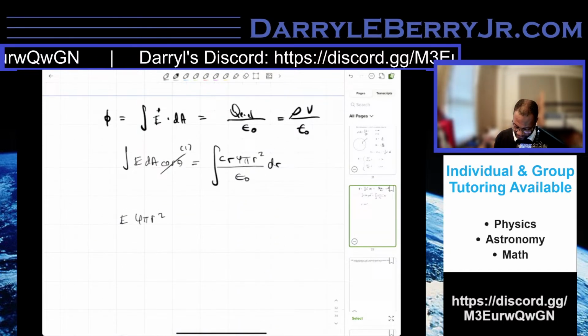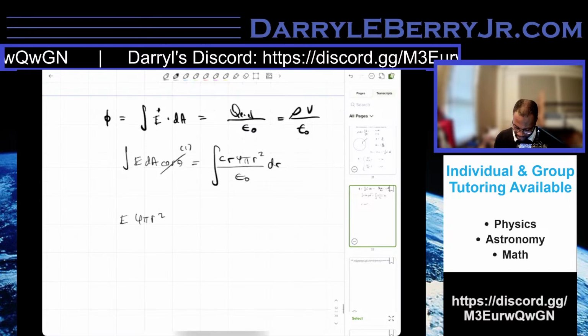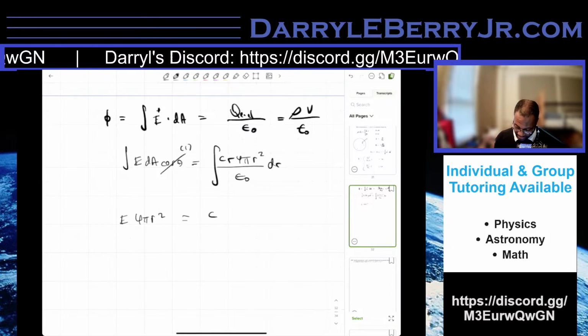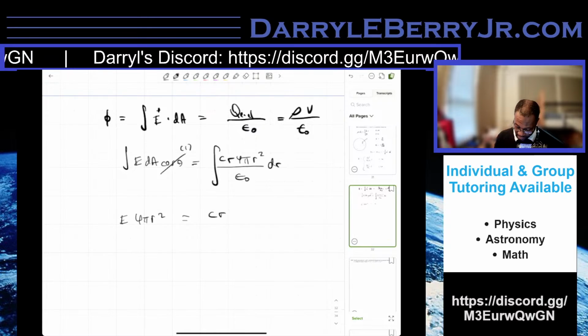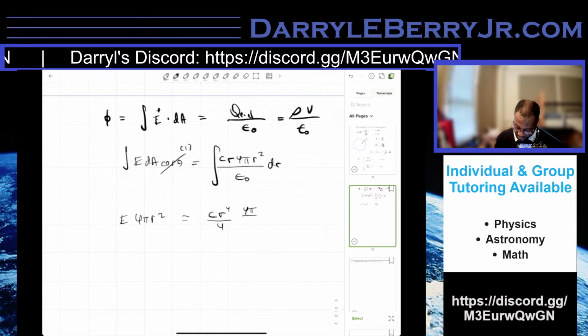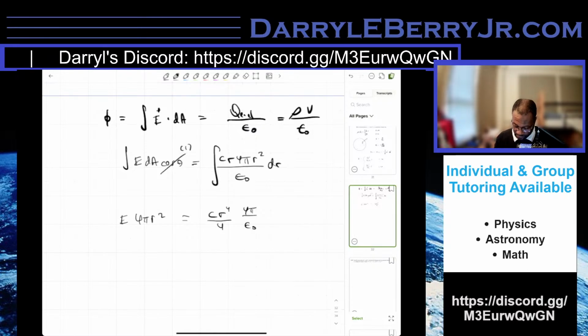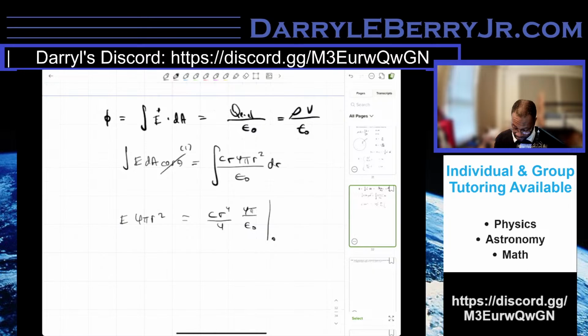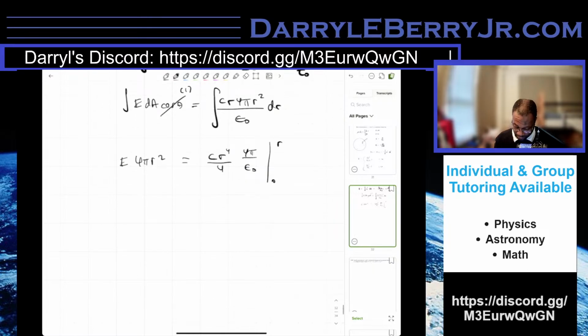And now we have the integral of that with r ends up being r cubed, so that ends up being C r to the fourth over 4, 4 pi over epsilon naught, and that's going to be the integral from 0 to r.